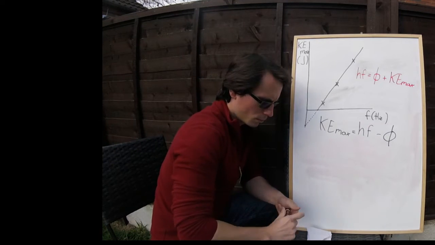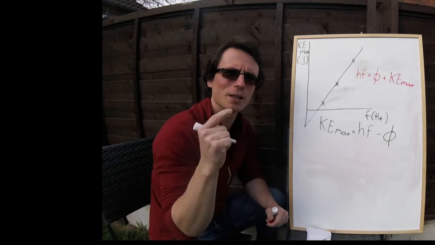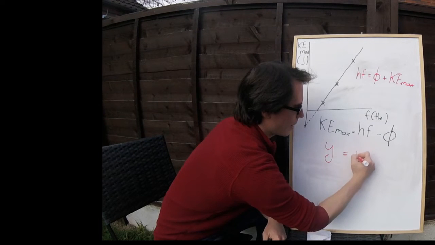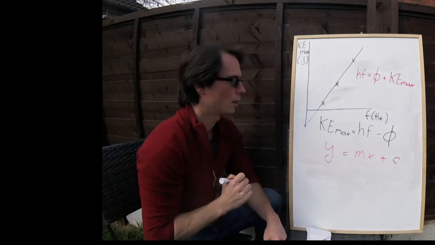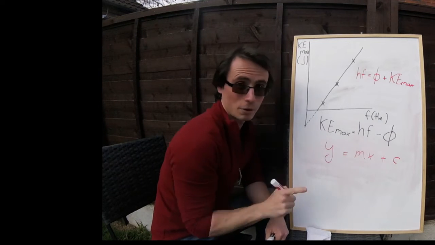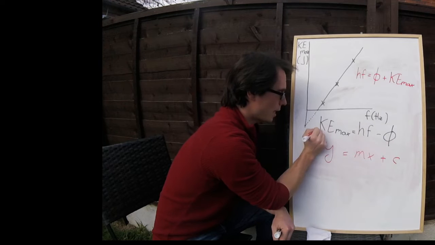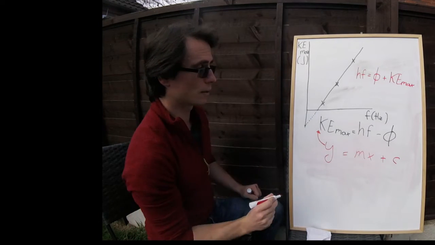Okay, well, let's write down the y equals mx plus c equation directly underneath. So y is equal to mx plus c. Now we can see, no pun intended, that KEmax is on the y-axis.